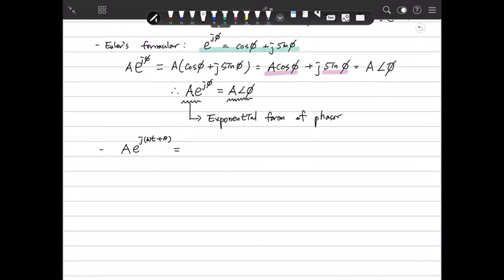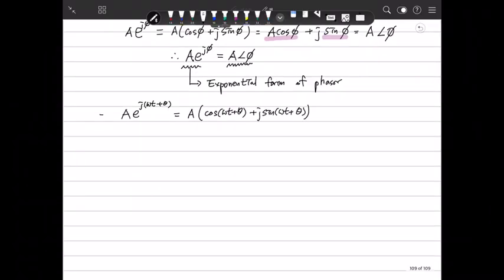We can express that as a cosine omega t plus theta plus j sine omega t plus theta. And that can be expressed as a cosine omega t plus theta, here and here, plus j a sine omega t plus theta.